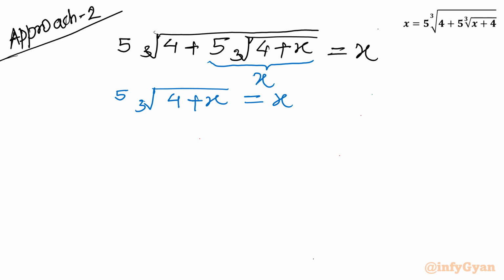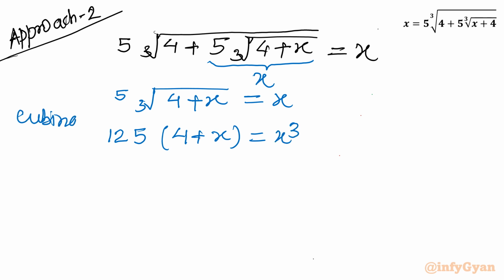Now I will take the cube on both sides. So I will be writing 5 cube, which is 125. The cube root and cube will cancel, equal to x cube. Let me write here after cubing both sides.